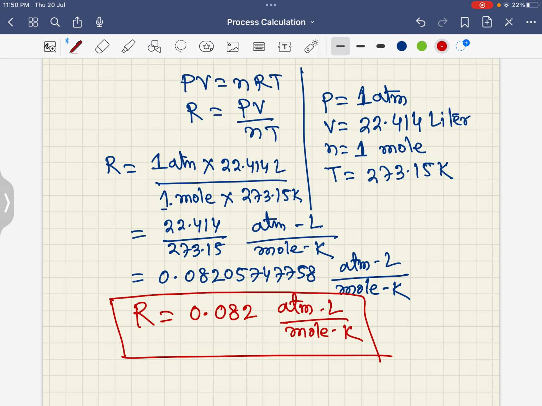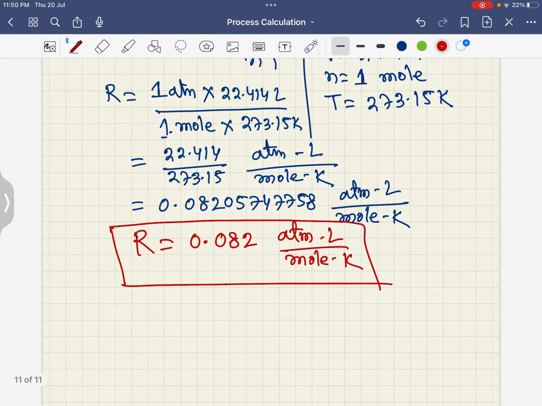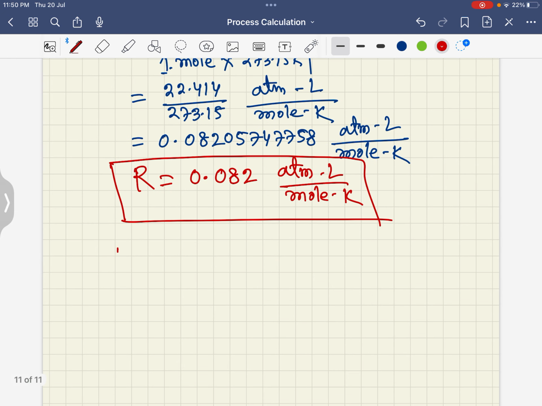Now if I change the unit, so we can also calculate R with different unit. Like here P is equal to 1 atm. So now here P is equal to, I am changing color, 1 atm. Means what?